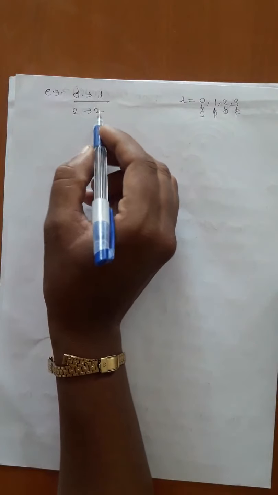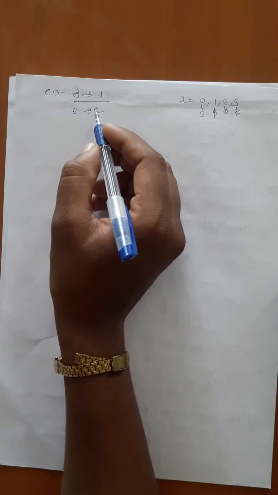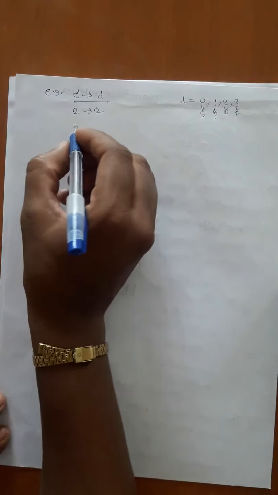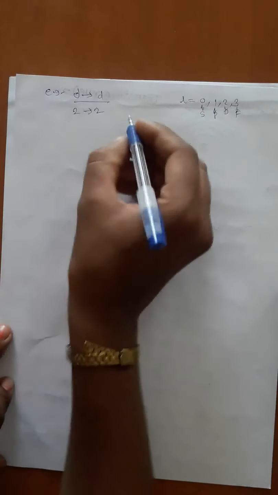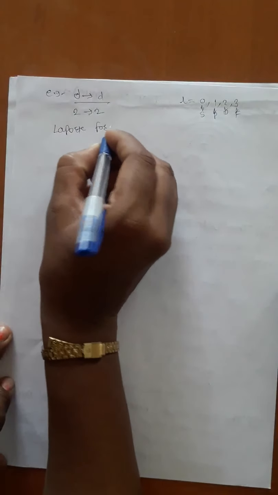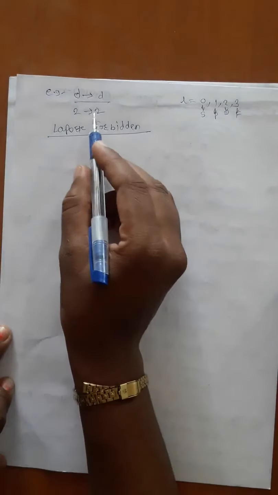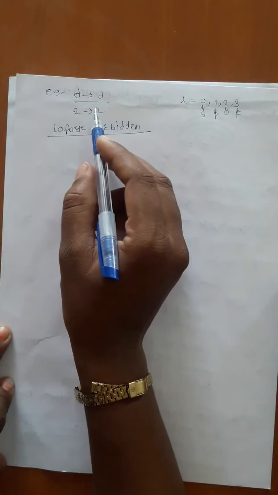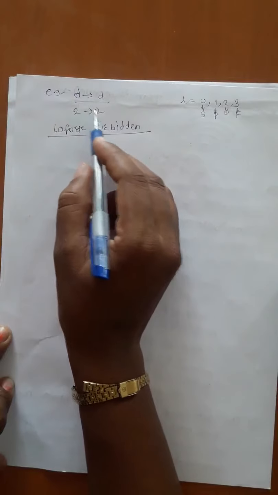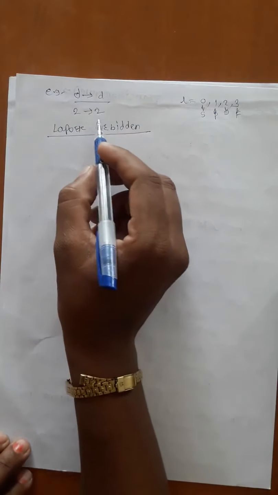Delta L does not change, therefore this transition is forbidden. It is also called Laporte forbidden. Why? Because the value of L remains the same.